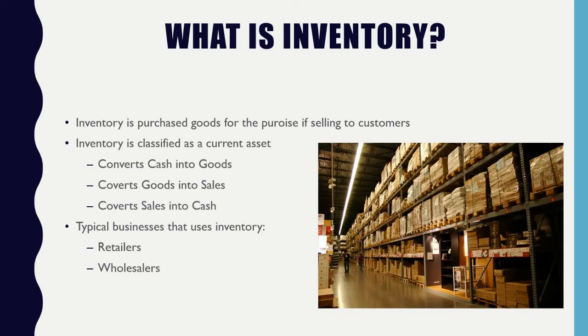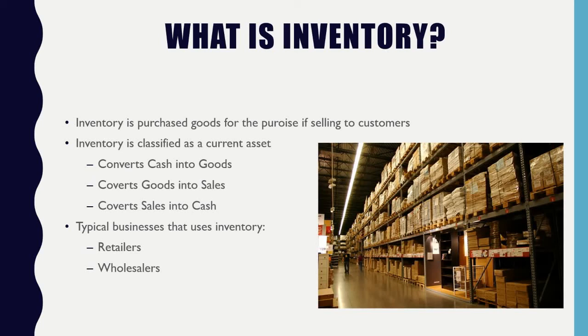For example, anybody that produces items is obviously going to have inventory, but most of their inventory per se is going to be raw materials, things that produce, manufacture or create the item. So their inventory would be a different type of inventory.